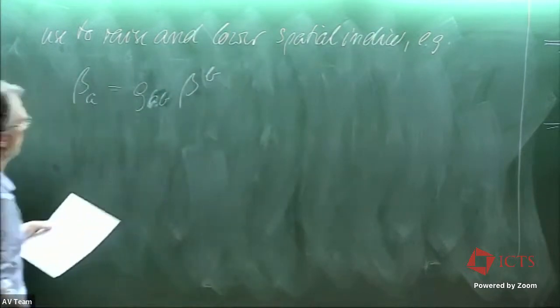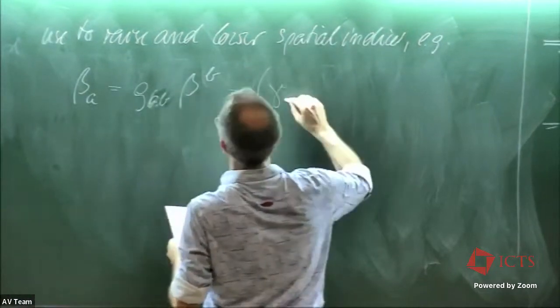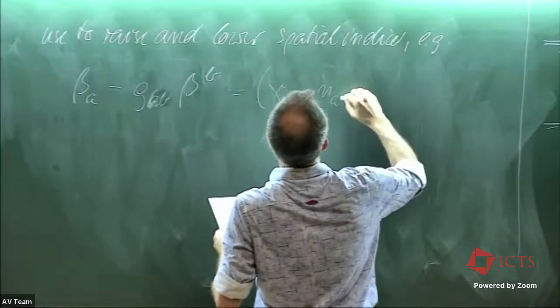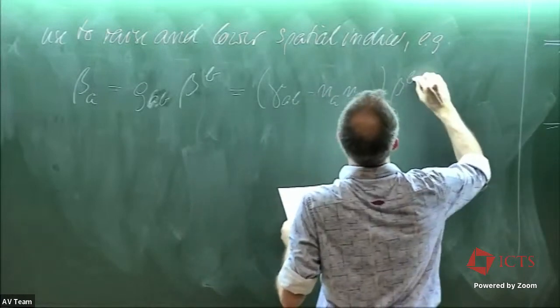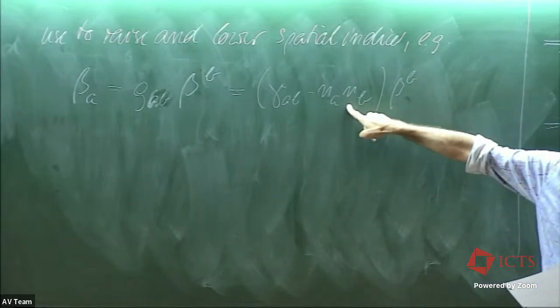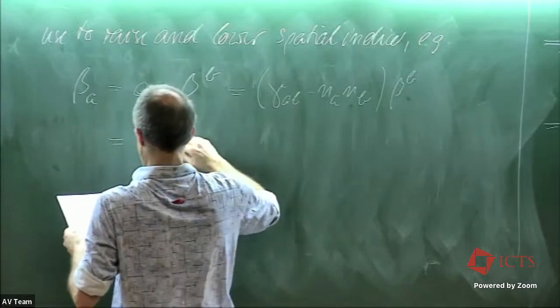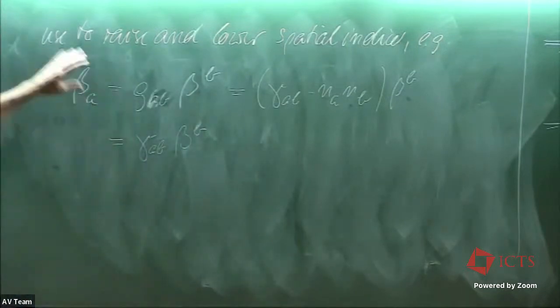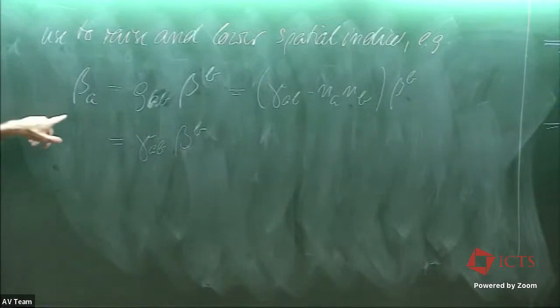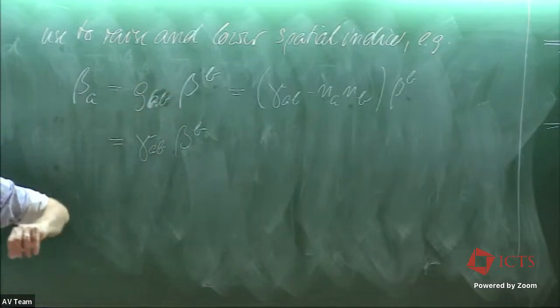This is, you know, non-negotiable. That is what we mean by raising and lowering an index. But now I can write the GAB in terms of gamma and n's. So this is the same as gamma AB minus NA NB times beta B. But if beta is spatial, then the contraction with n is 0. So the only term that I'm getting is gamma AB beta B. This works for all spatial tensors. So whenever I have an index that is purely spatial, I can raise and lower it just with the spatial metric. I don't need to worry about the space-time metric.